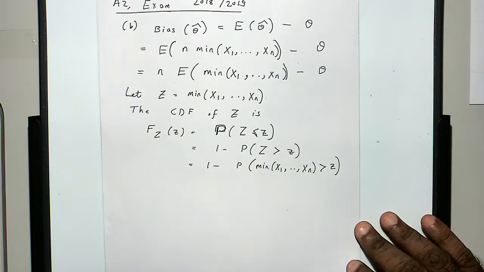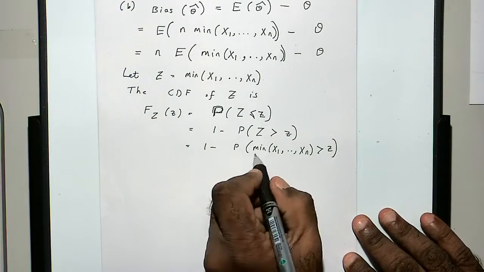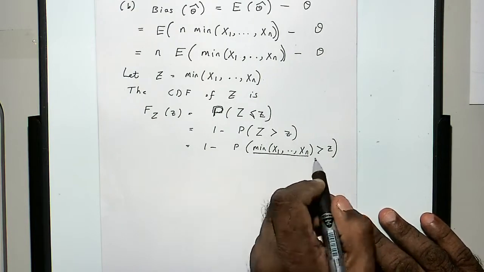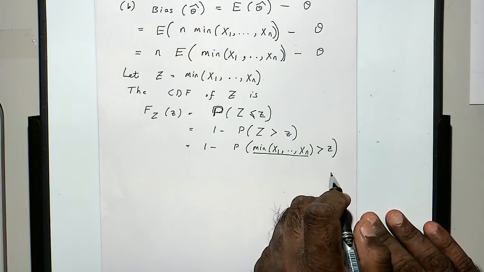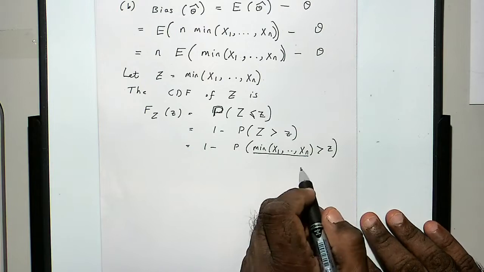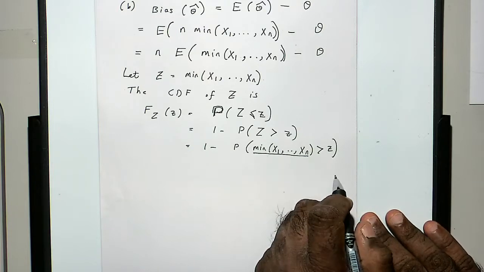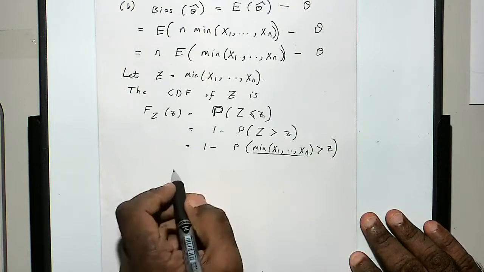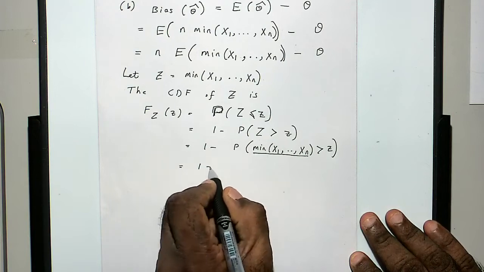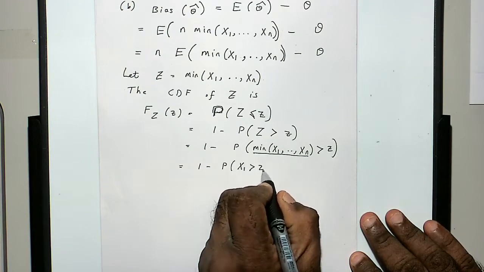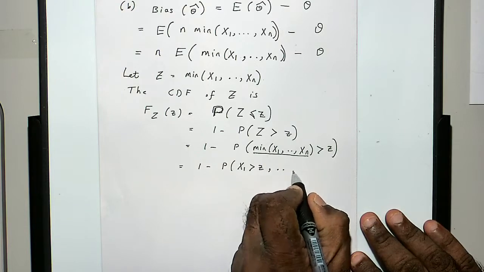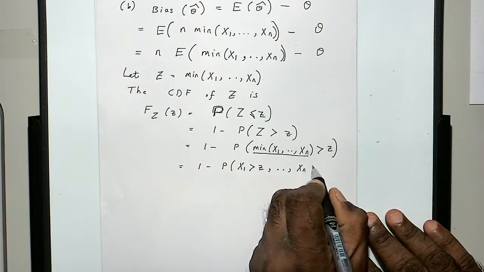If the minimum is greater than z, then logically each of the x1 to xn has to be greater than z. So this will be 1 minus the probability that x1 is greater than z, up to xn is greater than z.